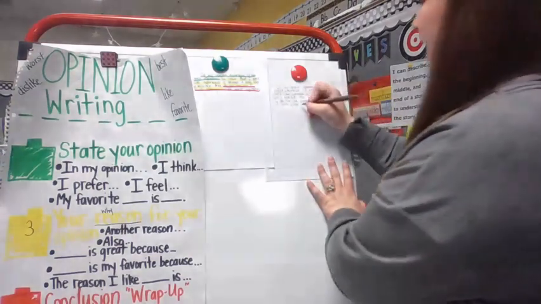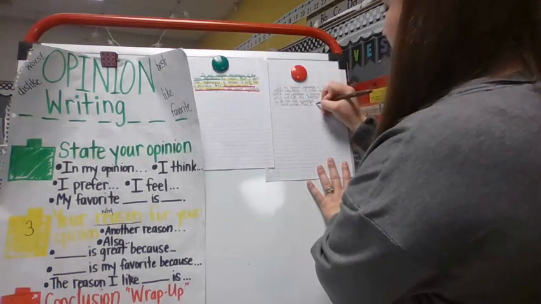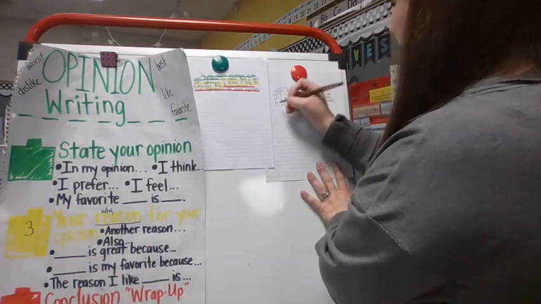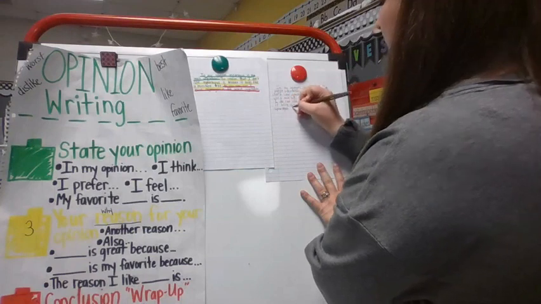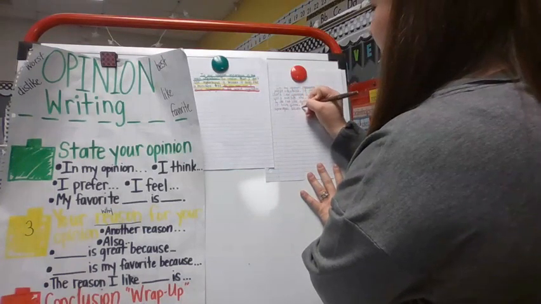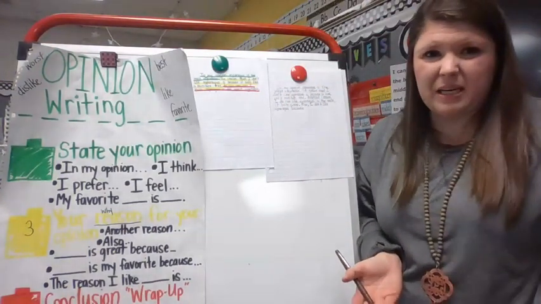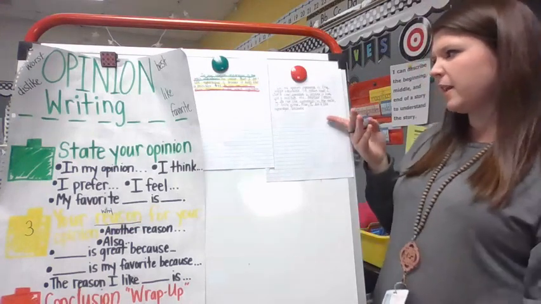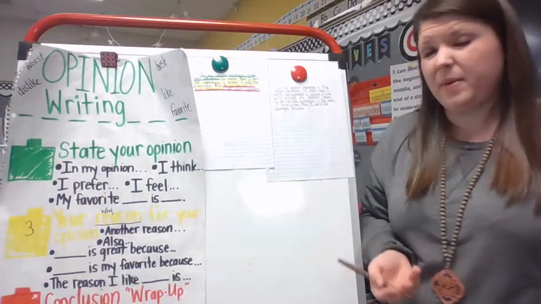So I'm going to say also, I don't like asparagus because I really haven't had it a lot. I mean, if you haven't tried something a lot, or like I said, it was bitter, maybe if somebody else cooked it different, maybe I'd like it.